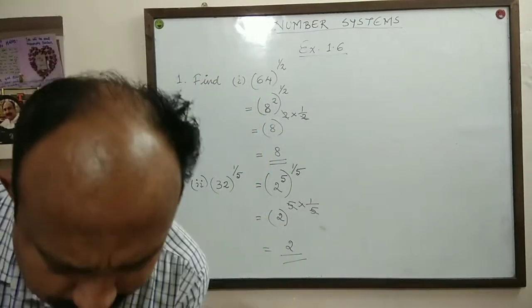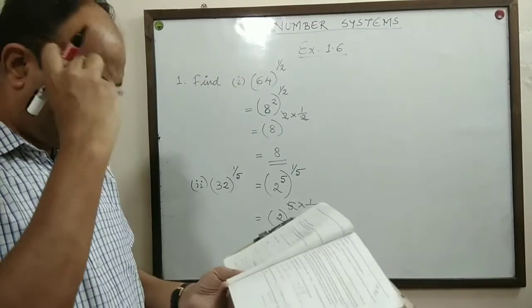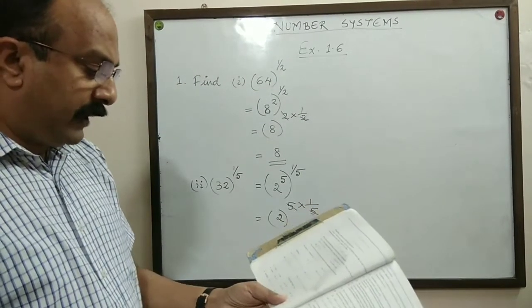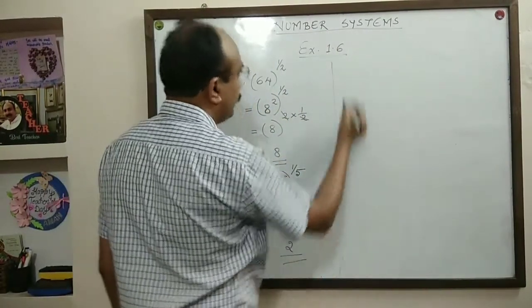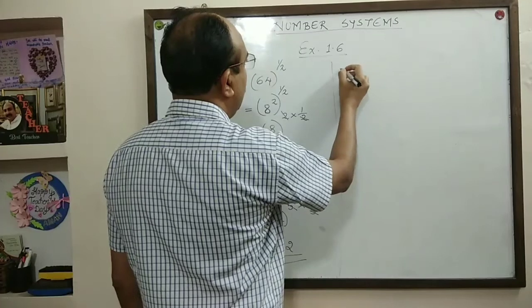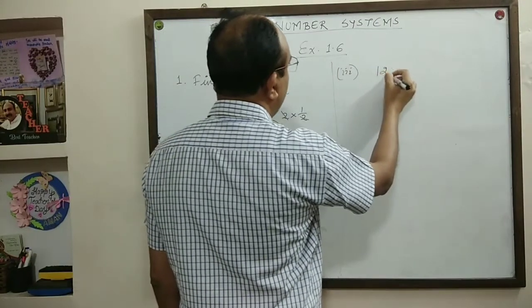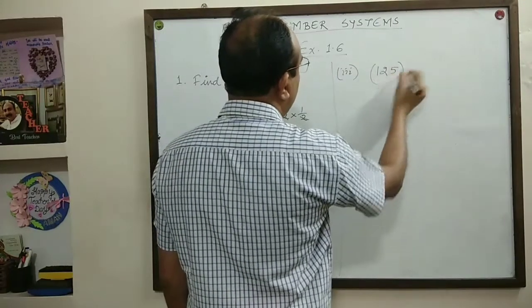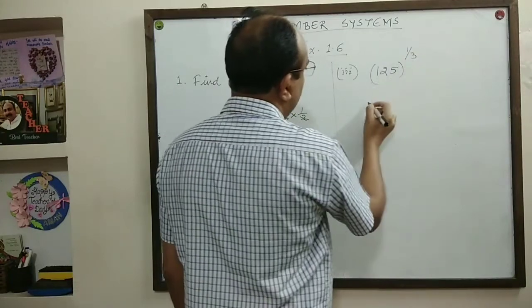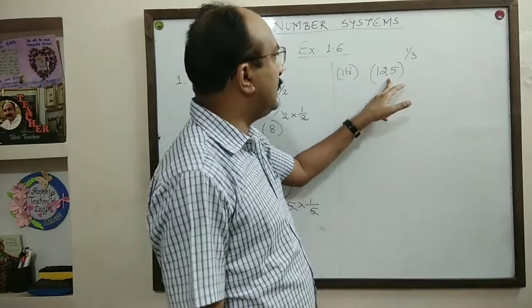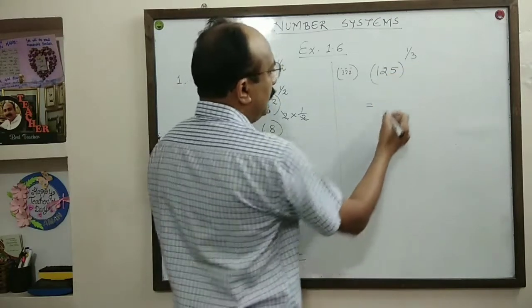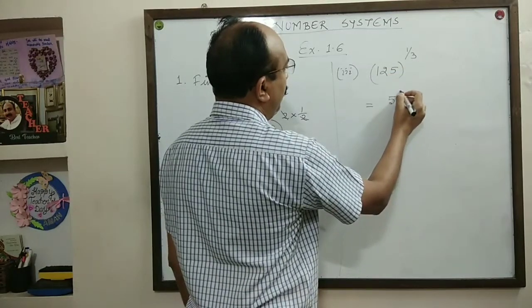Question number 3. Find the value of 125 power 1 upon 3. As I told you, 125 is to be expressed as something power 3. We know that 125 is 5 power 3.